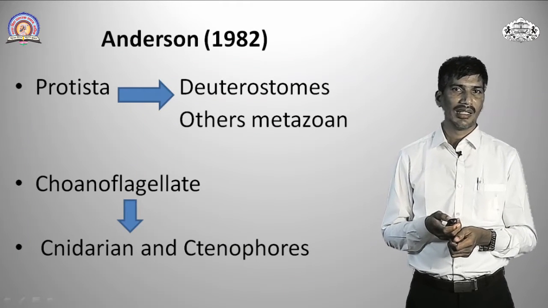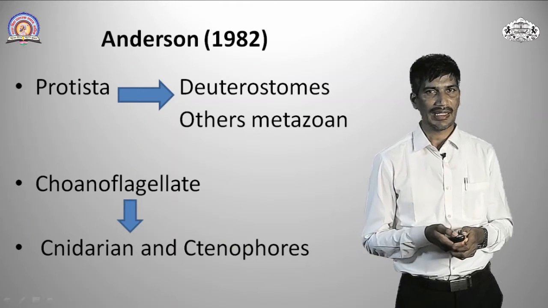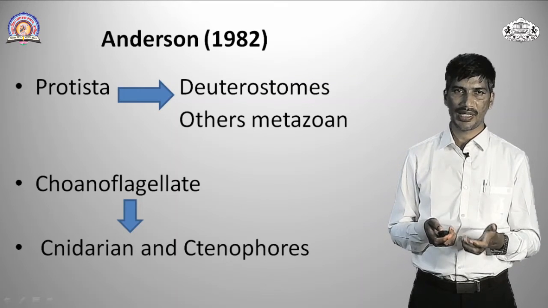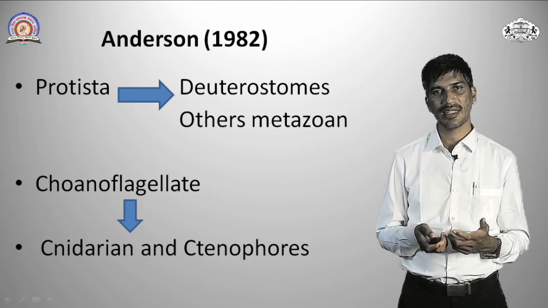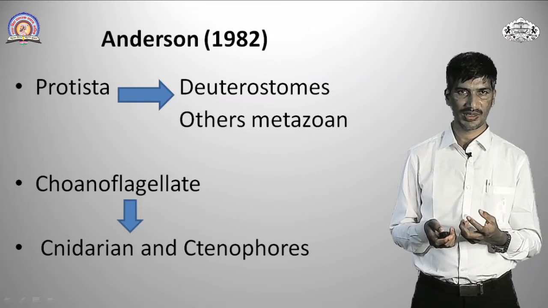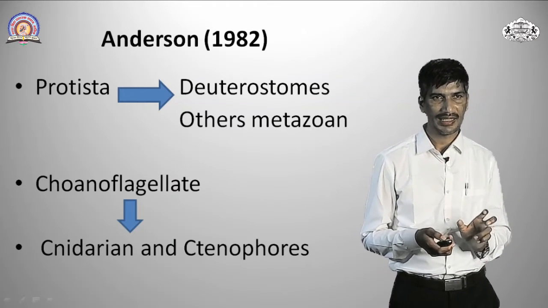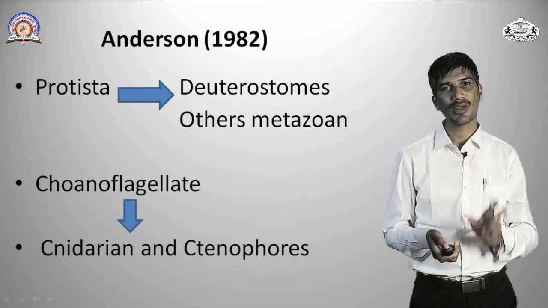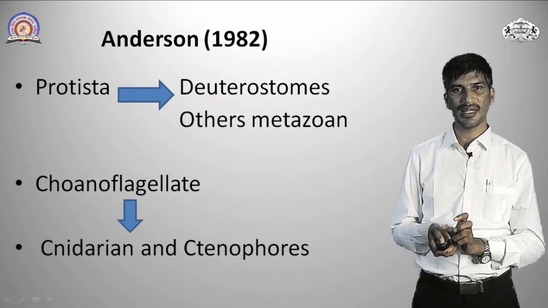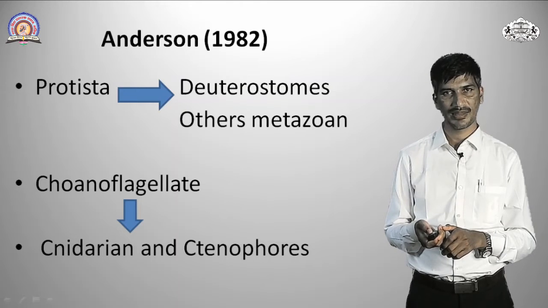And in 1982, Anderson again put forward a new ideology related to the polyphyletic theory and the origin of the metazoan. He suggested that the group of protista is actively involved in the development of the deuterostomes and the other metazoan animals.